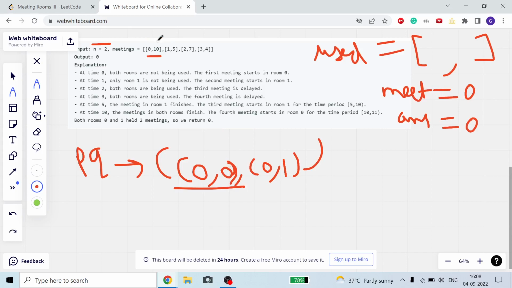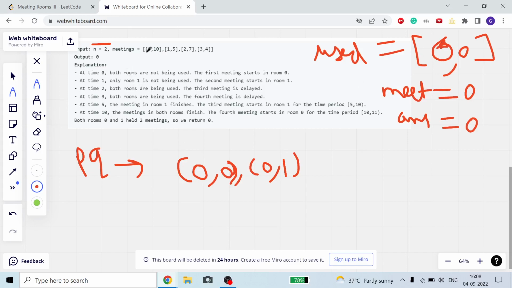You will understand when I write the approach. I just erase this, and initially this will be 0 comma 0.